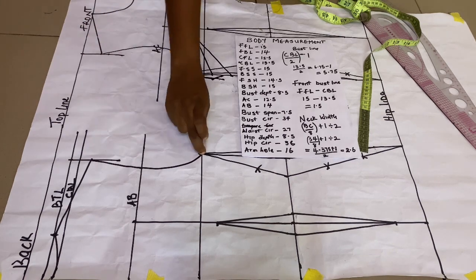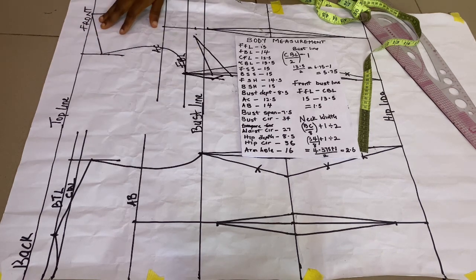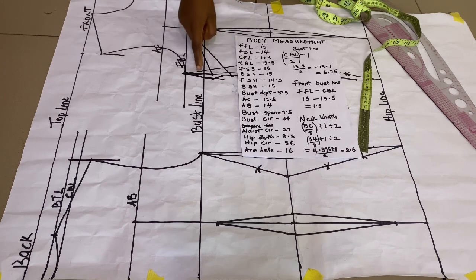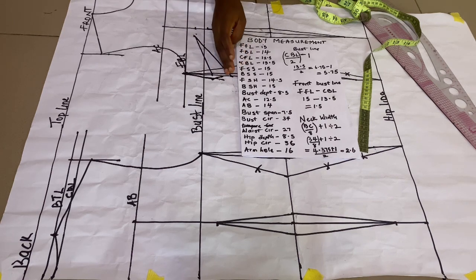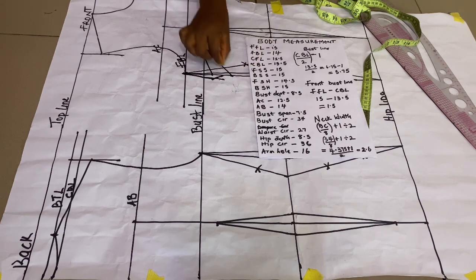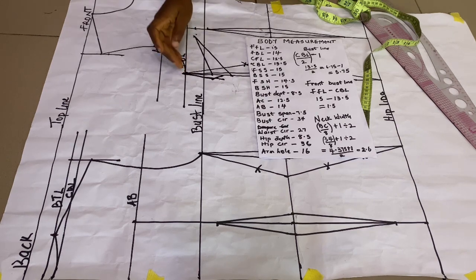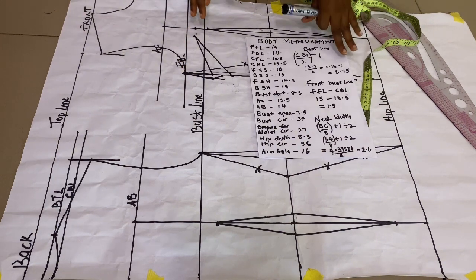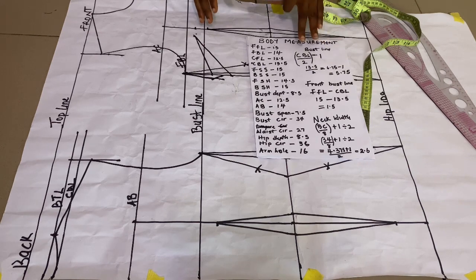You do the same thing for the back, and after reconnecting the armhole, from that point of the new armhole, that's where you would mark the 2 inches down before you mark the difference between the full front length and the center back length to get the new side dart, because you will no longer be using this original front bust line. But the best thing is just to minus 1.5 to get the bust line, instead of subtracting 1 if you don't want to come down by 0.5.